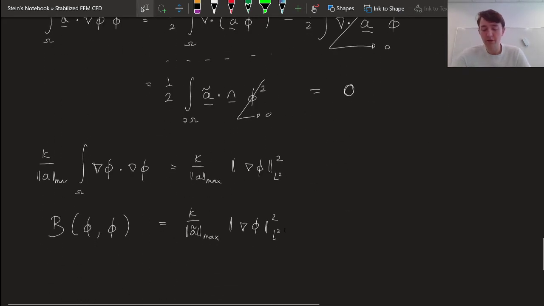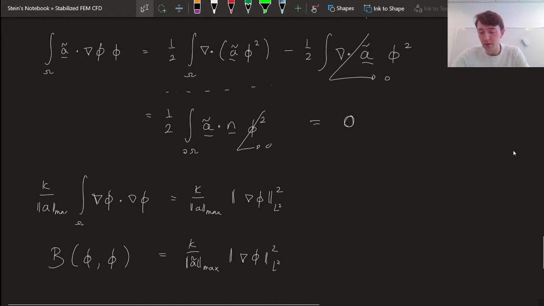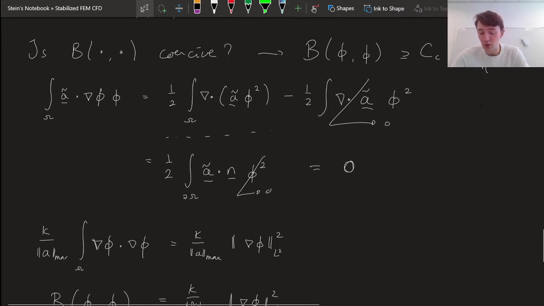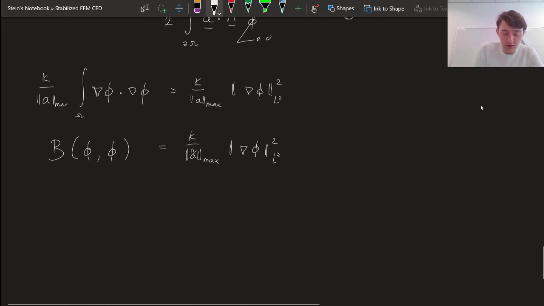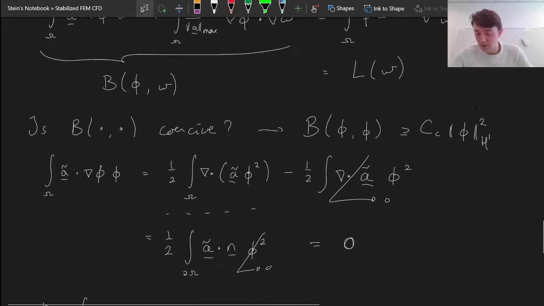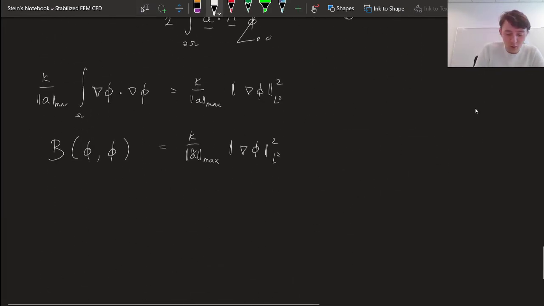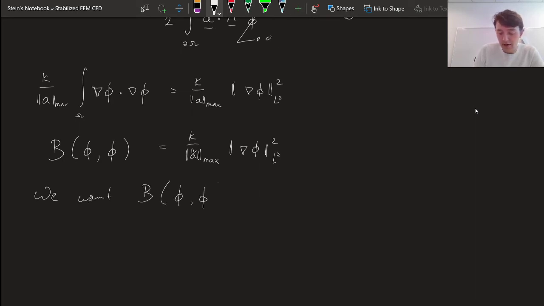So somehow we have to change this norm in the gradient of phi to the H1 norm. So what was the H1 norm again? So we want to have B of phi, comma phi, it's going to be larger than or equal to C times, well, what is the H1 norm square?